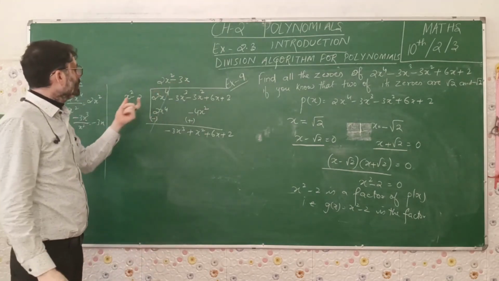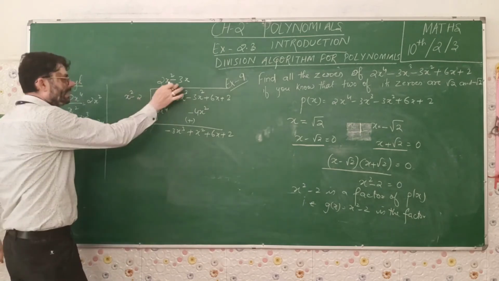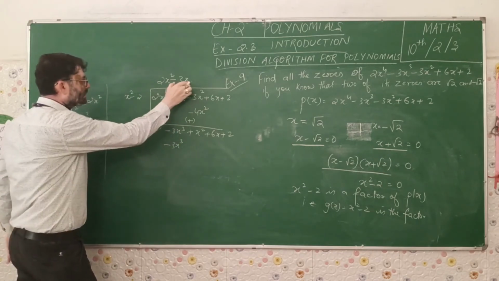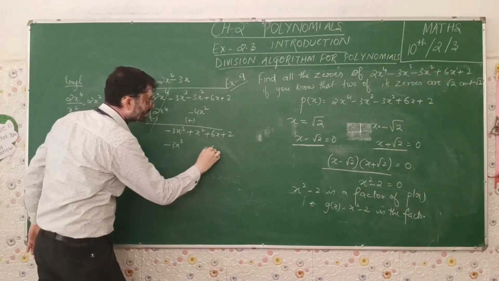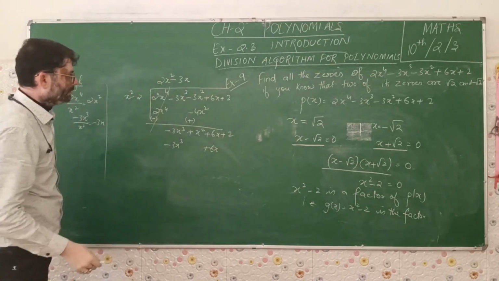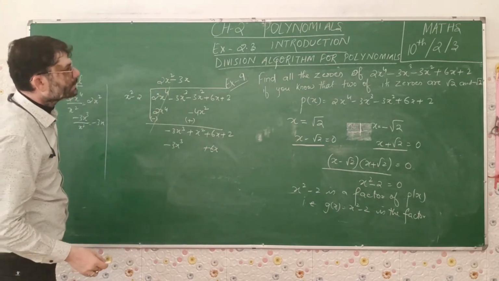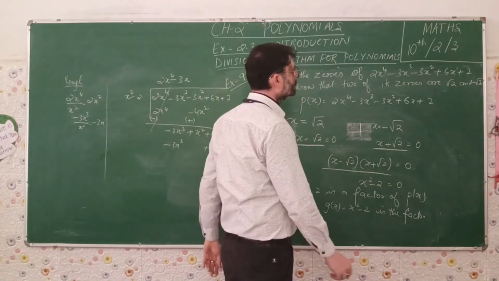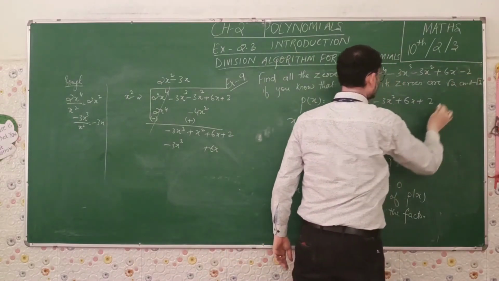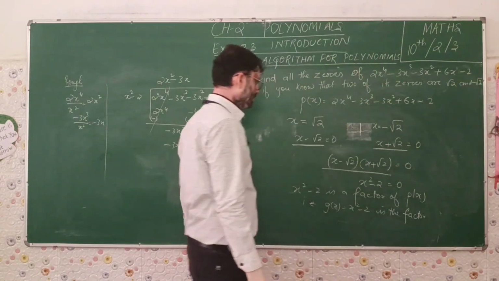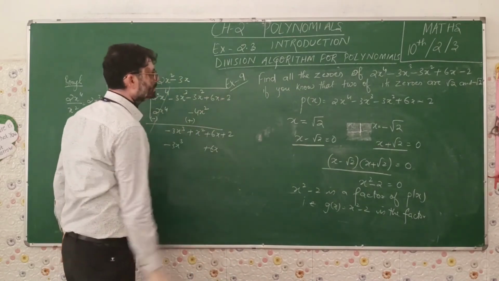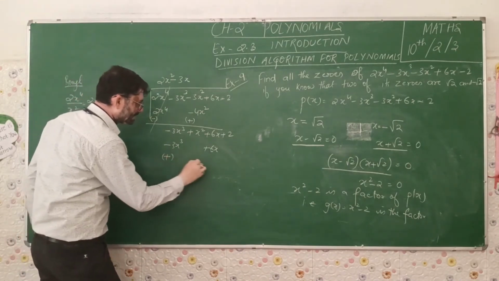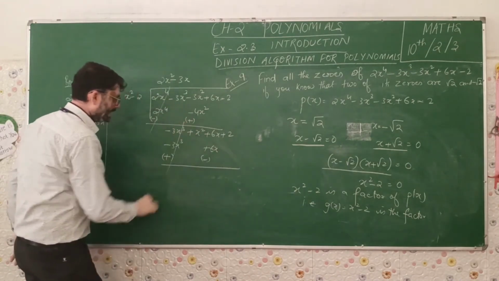Multiply this minus 3x to each term of the divisor. Minus 3x into x squared is minus 3x cubed, and minus 3x into minus 2 is plus 6x. This is minus. So subtracting this cancels.